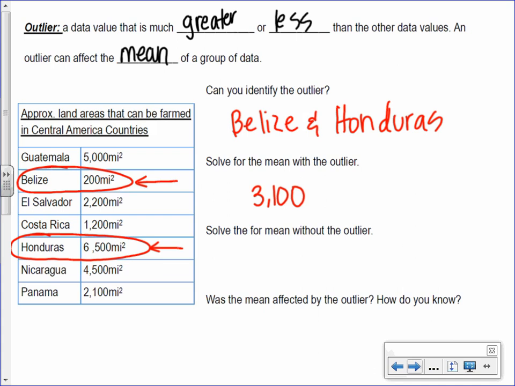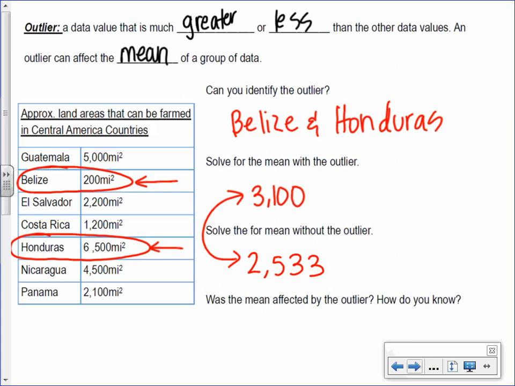outliers, if we took them out, it's going to drop significantly to 2,533 square miles. So as you can tell, if you put numbers in that are completely off, your mean is going to change, obviously, because you have these numbers that are totally skewed. Just like if you were looking at a bunch of houses and all of them are selling for, let's say, $10, but then you have this really nice one that's selling for $500, that's going to make a big difference in your mean.